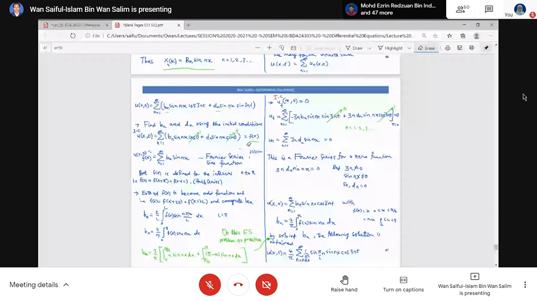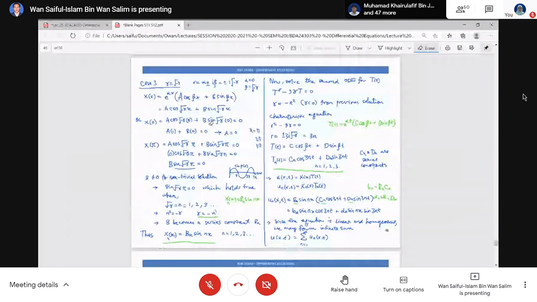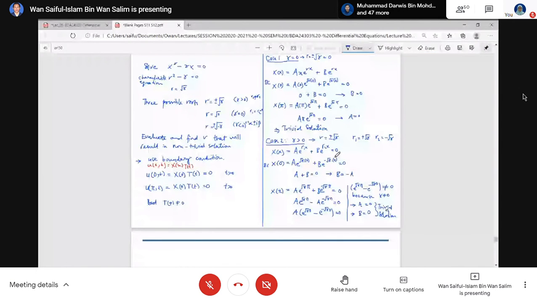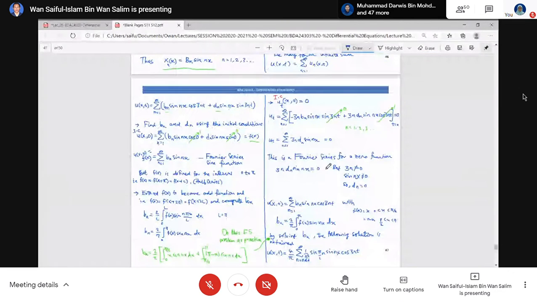But if we look at the interval, kita tengok interval, this function is defined between 0 to pi, if you remember. So our function is defined as 0 to pi. Whereas for Fourier series, kalau kita nak buat Fourier series, what is the time interval? Kita mesti ada minus pi to pi. Okay, baru kita boleh buat Fourier series.